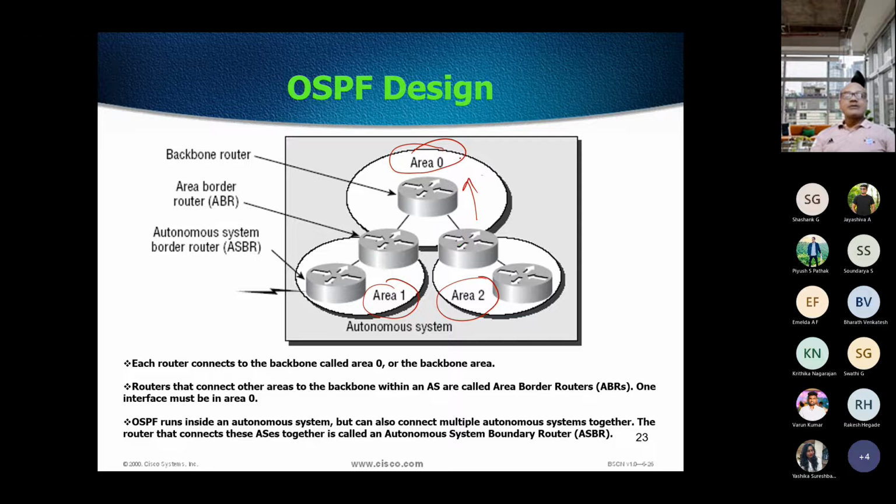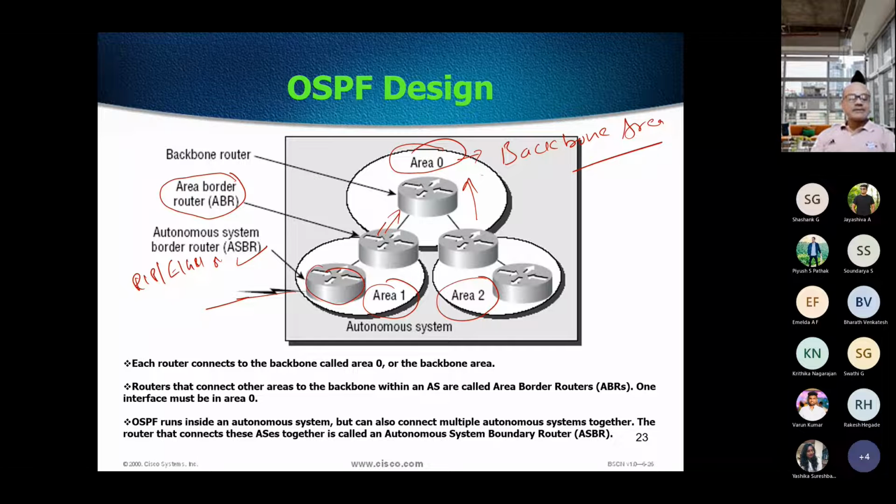Remember, area 0 is your backbone area. The router which is connected to area 0 we call an ABR, area border router. The router which is connected to another routing protocol, like you're running RIP or EIGRP, and your OSPF network, is called an ASBR, autonomous system boundary router.